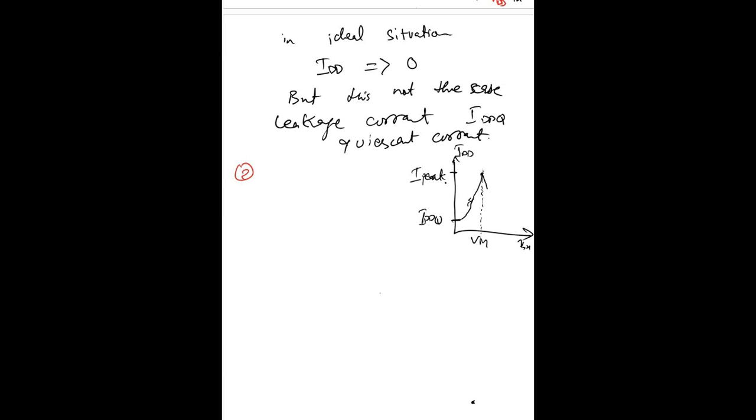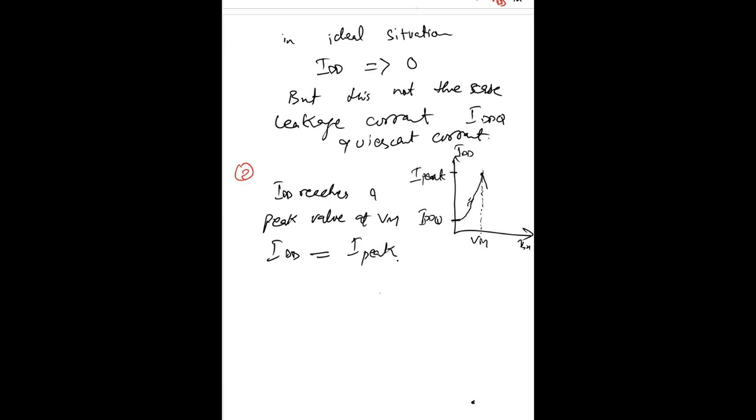So we can say that IDD reaches a peak value at Vm, and is given as IDD is equal to I peak. So the peak current occurs at this point.